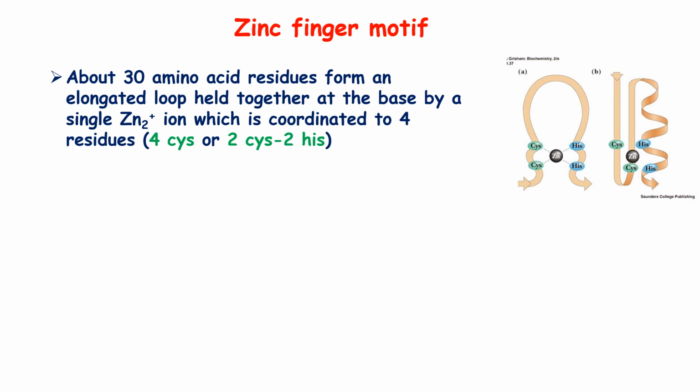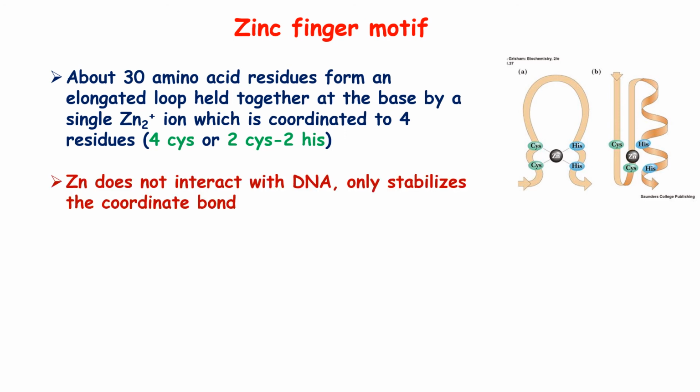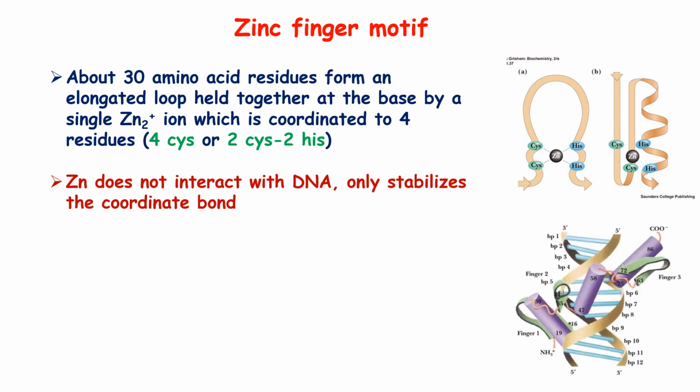The 4 amino acids involved in the coordinate bonding are either 4 cysteines or 2 cysteines and 2 histidines. So the configuration is 4C or 2C2H. In this case, zinc does not interact with DNA. It only stabilizes the structure of the zinc finger motif.